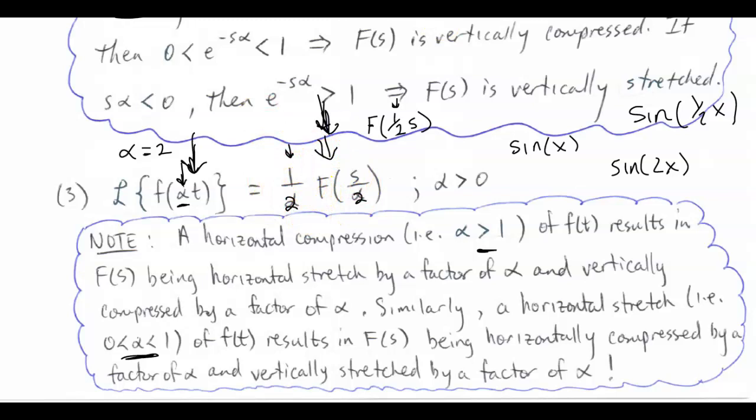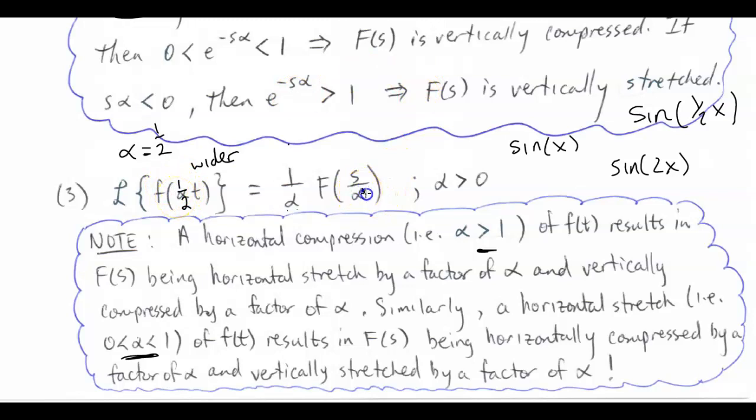Now, the exact opposite happens whenever we let our value of alpha be in between 0 and 1. So let's say instead of 2, we use 1/2. If we use 1/2, the exact opposite happens. If I use 1/2 here, then I'm making my function fatter or wider, because I'm doing a horizontal stretch.